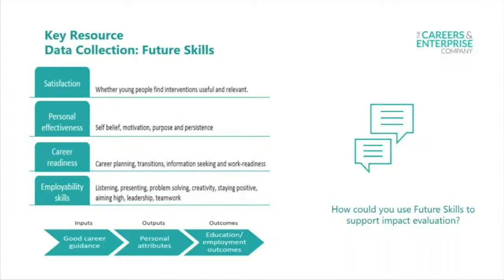So the Future Skills tool focuses on measuring skills, and skills do take time to shift in a long-lasting way. So we spent quite a lot of time on this in module 2. And it is really advised that you use this tool no more than once a year with Key Stage 4 or Key Stage 5 students. So it's not really designed to be used to measure the impact of one particular event. It really is advised that you only use it about once a year.